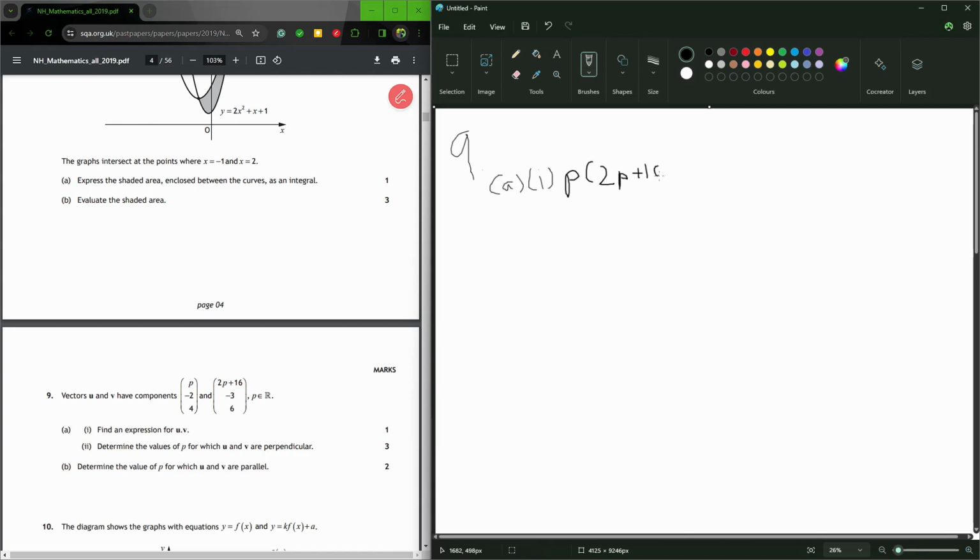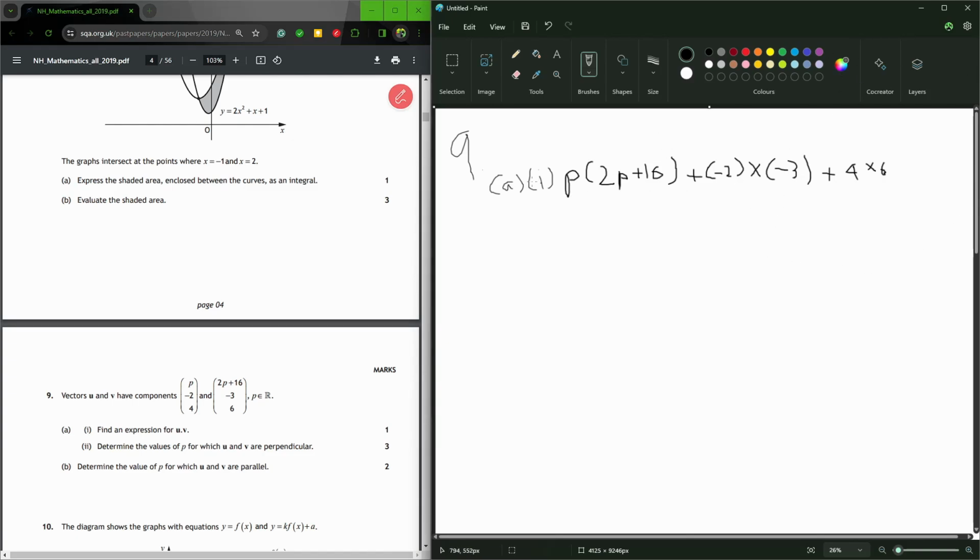Plus 16, and then that's plus minus 2 times minus 3. Cool. And then it's just plus 4 times 6. I probably don't need brackets for that. So there you go.